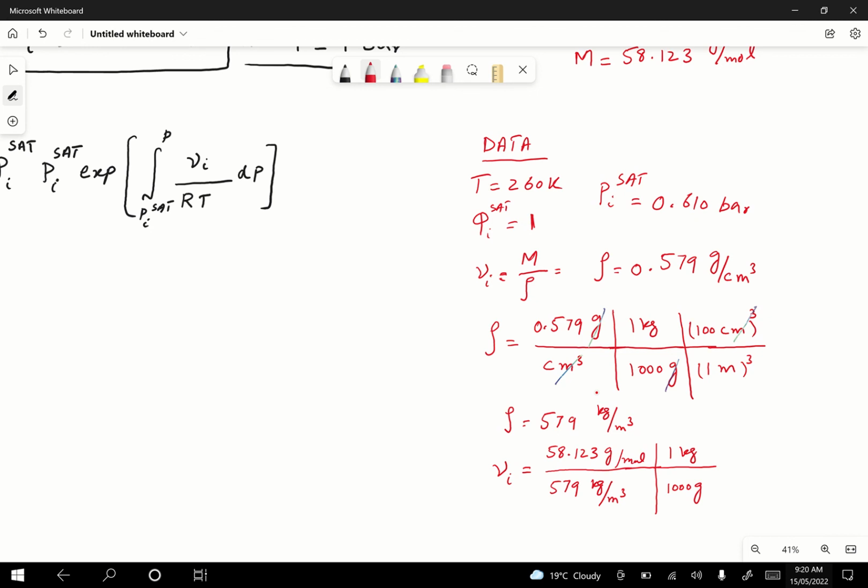So gram will be cancelled with gram and kilogram will be cancelled with kilogram, and as a result we will get the specific volume in terms of cubic meters per mole, and the specific volume will be approximately 1 into 10 to raise power minus 4 cubic meters per mole.